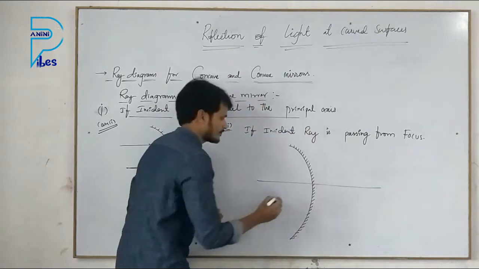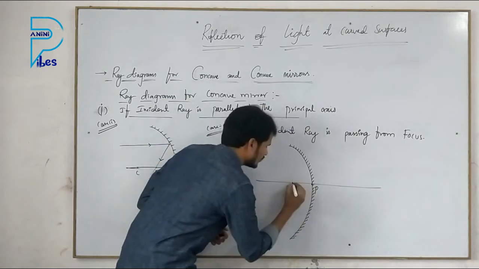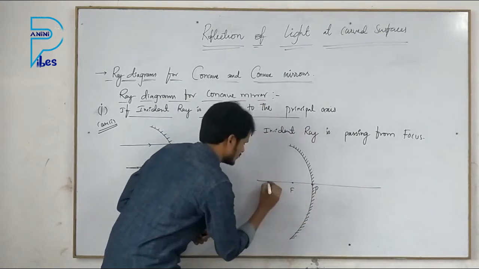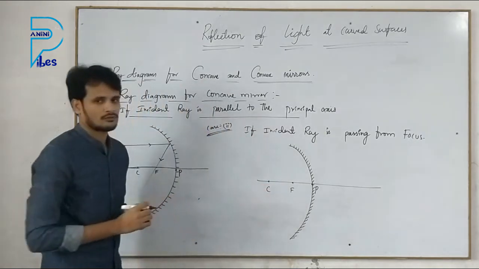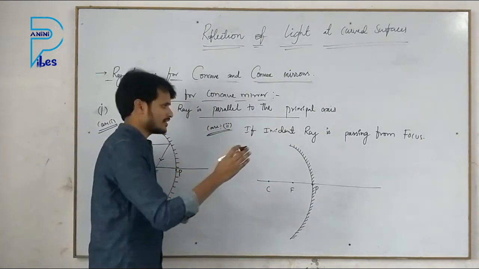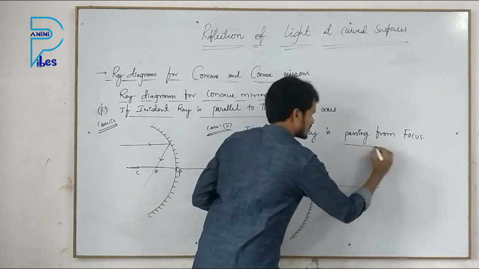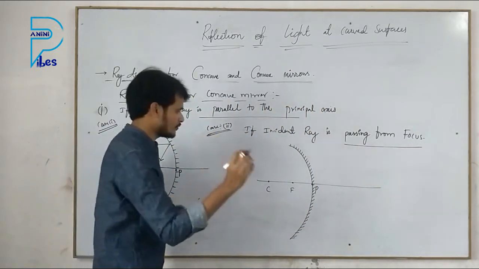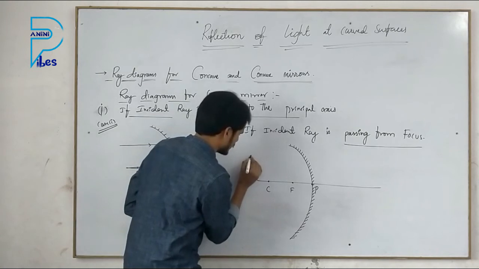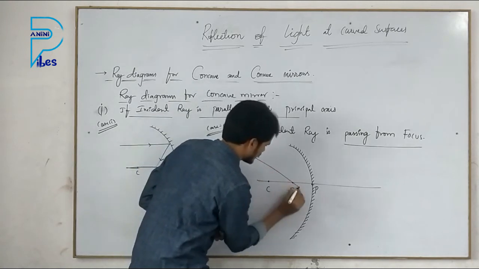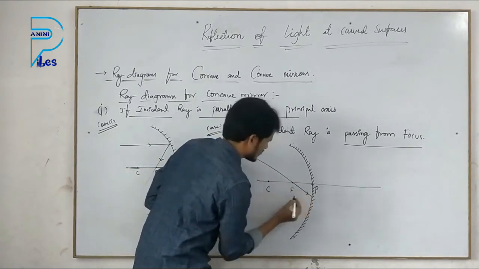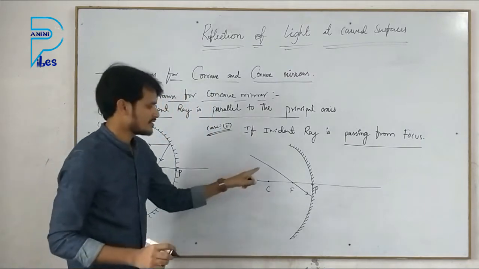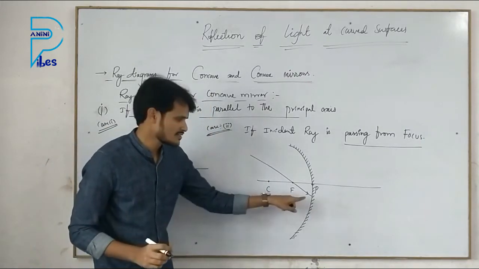Principal axis, pole, focus and center of curvature. Now the incident ray passes through the focus and strikes the mirror surface.